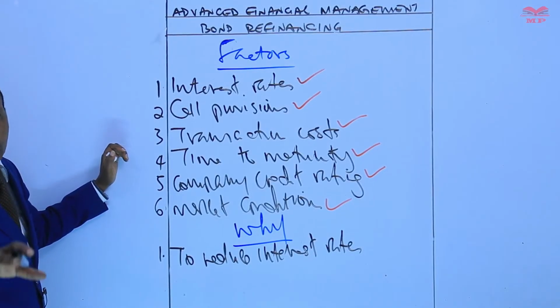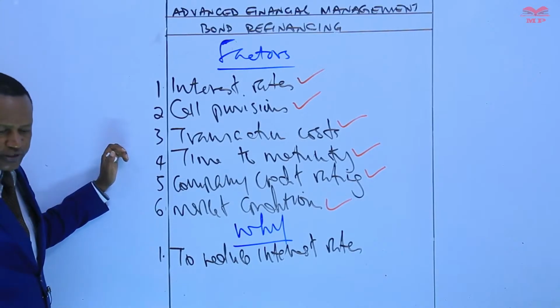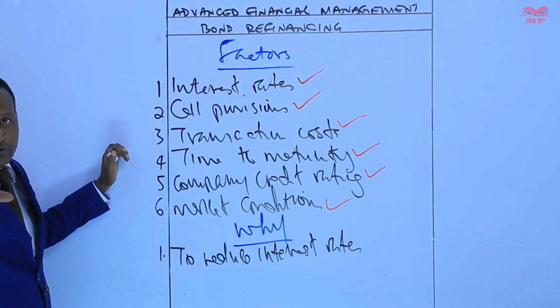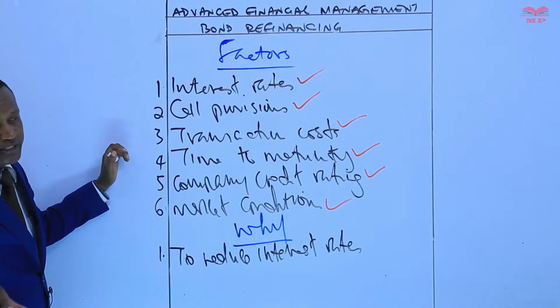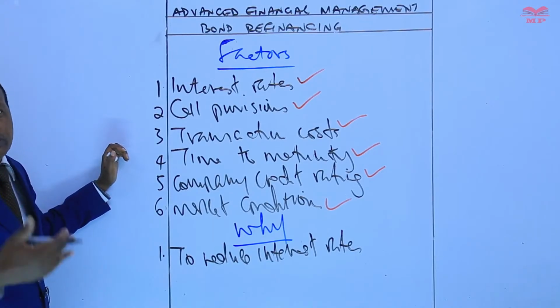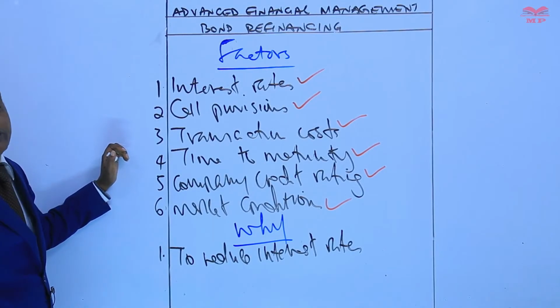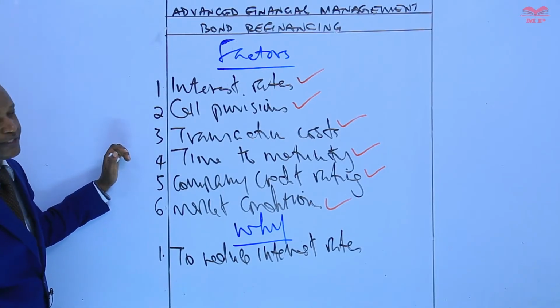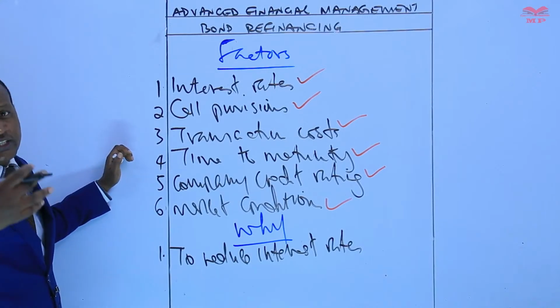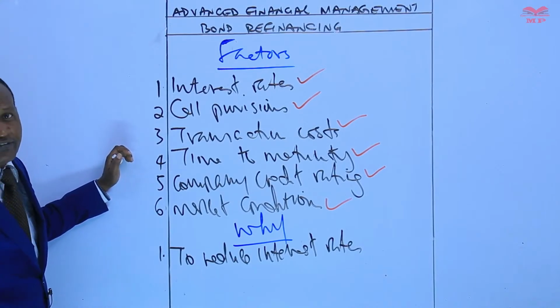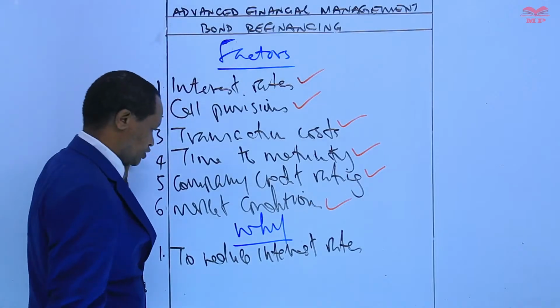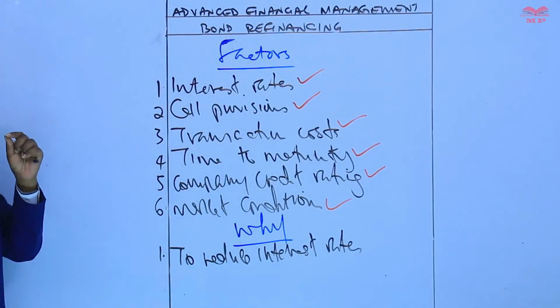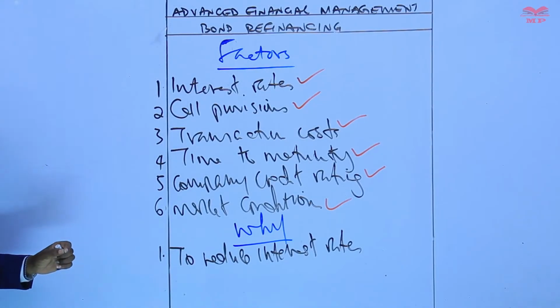When market interest rates fall below the coupon rate of the company's existing bonds, then refinancing allows the company to issue new bonds at a lower interest rate, thereby reducing interest payments. And that can translate to significant interest cost savings over the life of the bond.